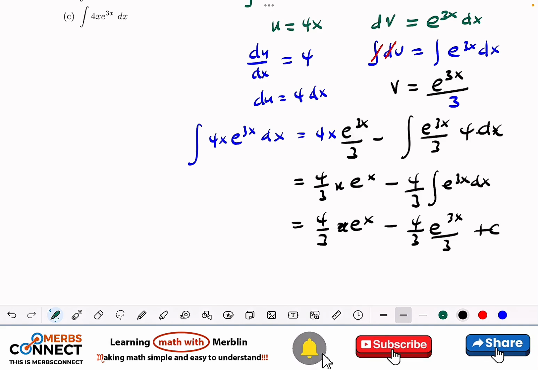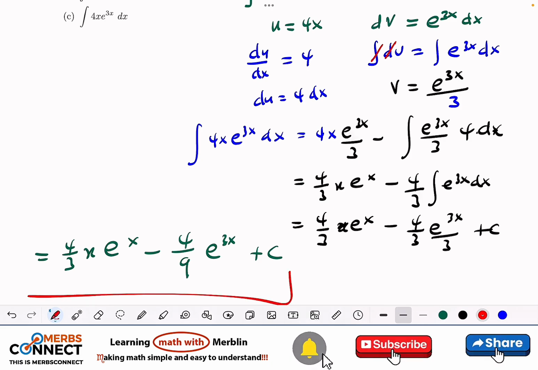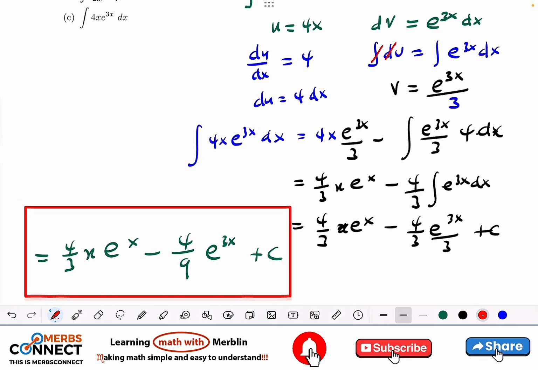Let me use green. Our final result is going to be 4 over 3 x e to the power 3x minus, then I'll multiply this one by this, I'm going to have 4 divided by 9 e to the power 3x plus c. So this is our big final answer that we get at the end of the video.